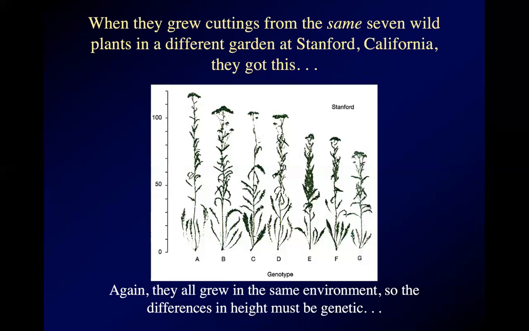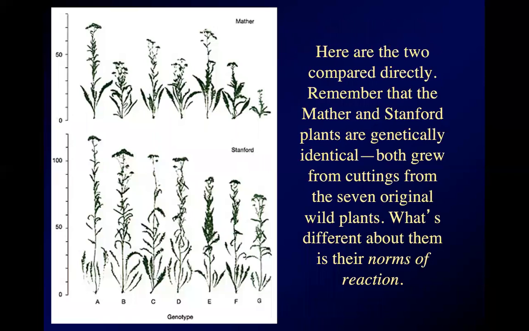Now, again, all 7 of these plants are growing in the same environment, so the differences between them must be genetic, right? There's no variation due to environment in this case. And here we put these two together and notice something. In Stanford, A did the best, B came in second.